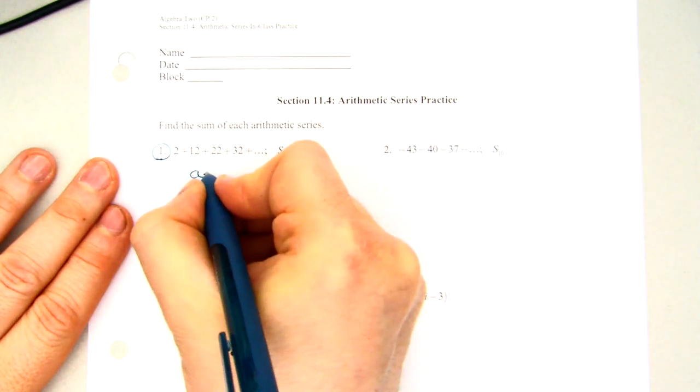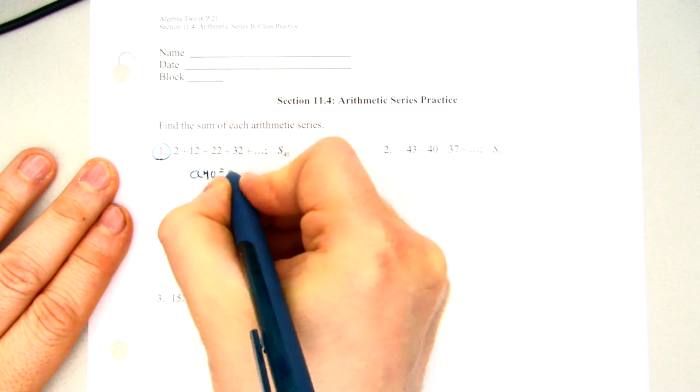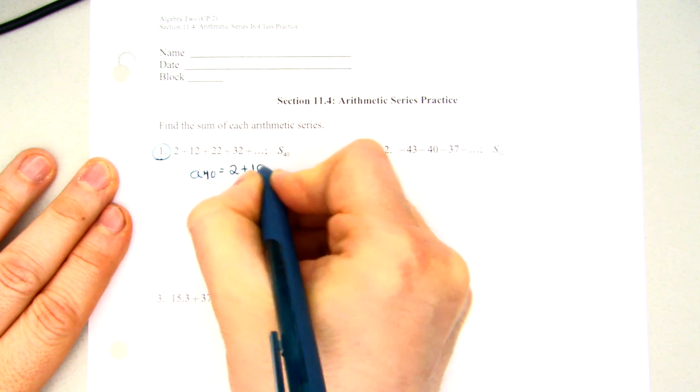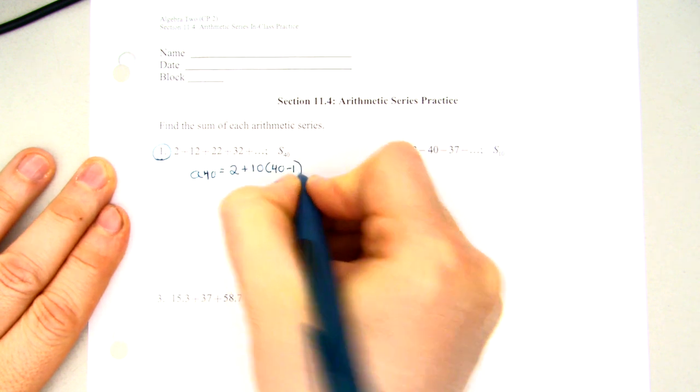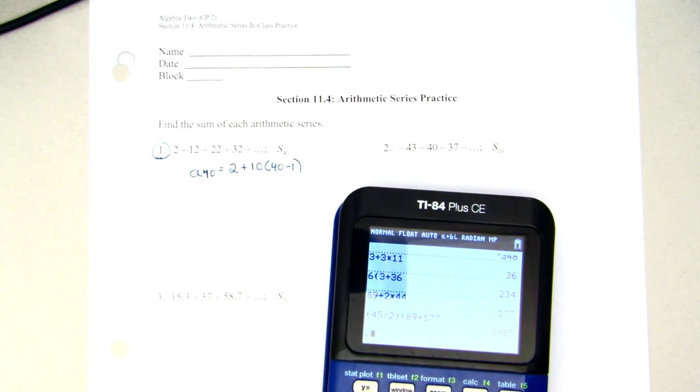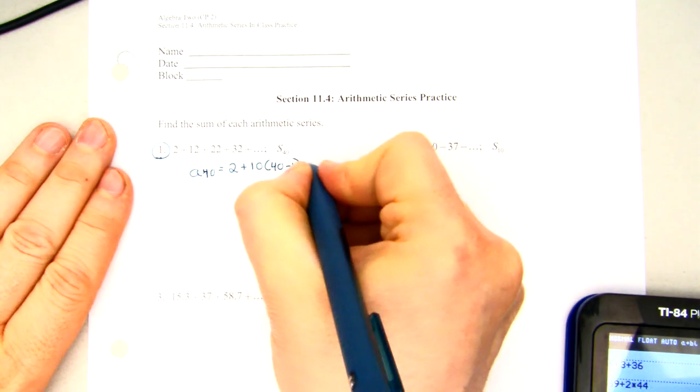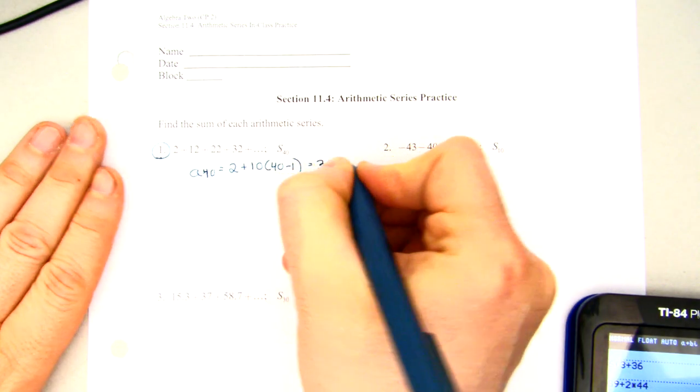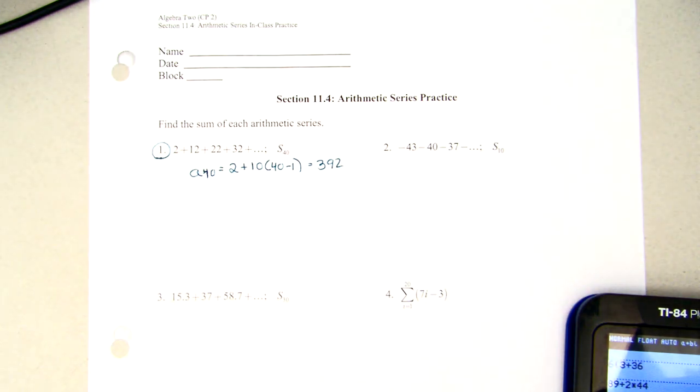A sub 40 will equal 2 plus 10 times 40 minus 1, which is going to give us 392. The 40th number in that pattern is 392.